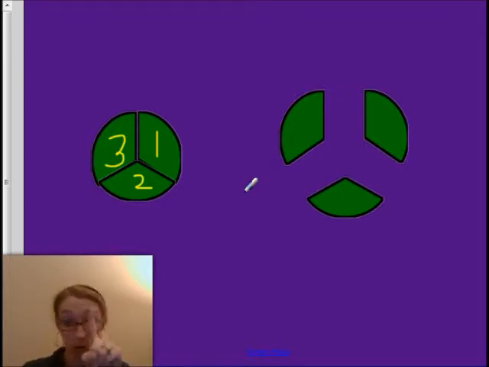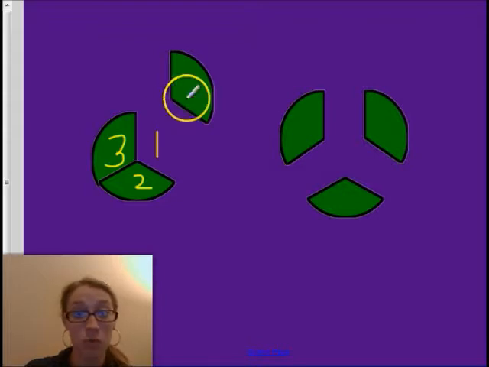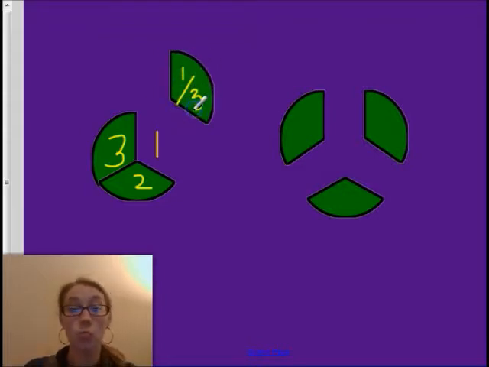Well, if we take it away, that's 1/3 that we took away. 1/3 is our unit fraction. So again, to reiterate, our unit fraction is just one piece of the whole.